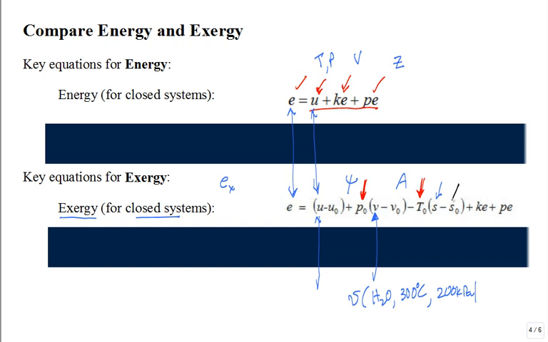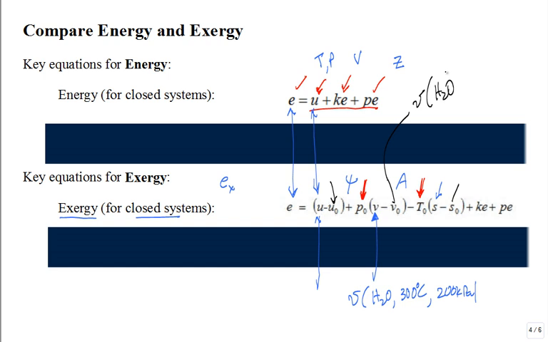Now, what about S naught, V naught, and U naught? Where do you think? That's the internal energy, the volume, and the entropy of my substance of interest, of my system, when it gets into the dead state. It may never get to the dead state, but I need to be able to evaluate U naught, V naught, and S naught, just like here, I need to evaluate the specific volume of water.